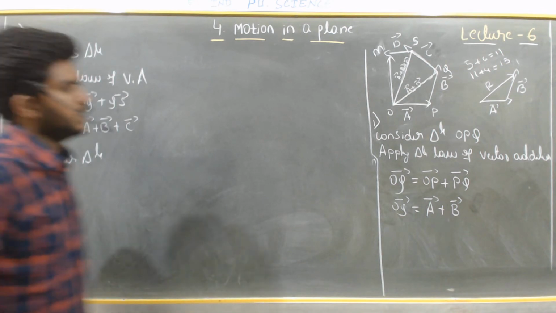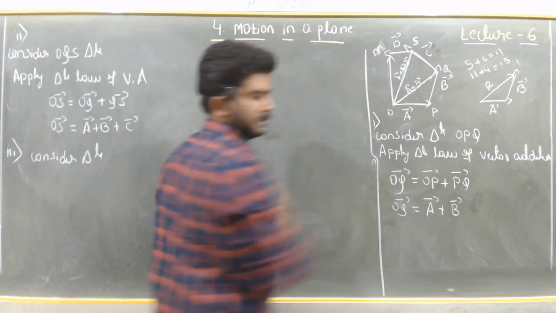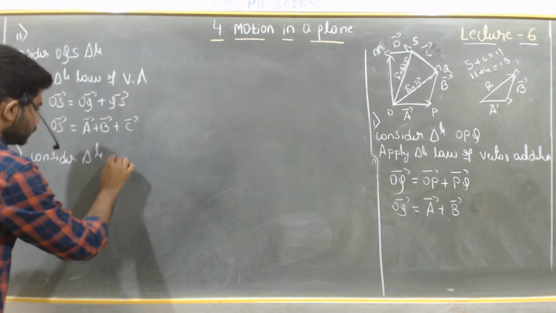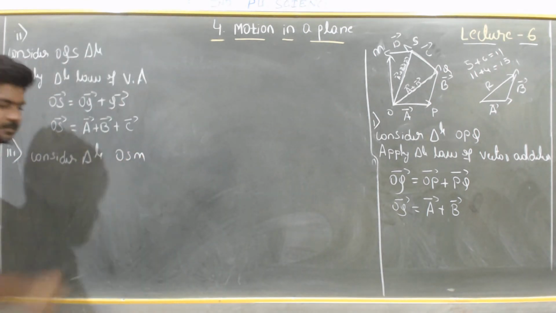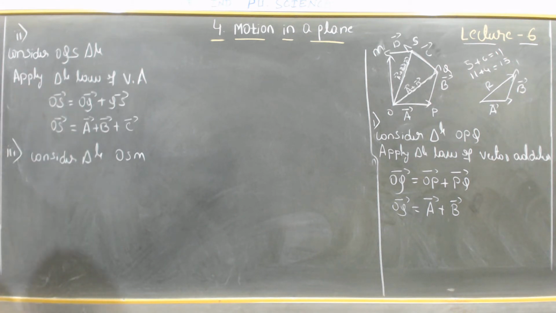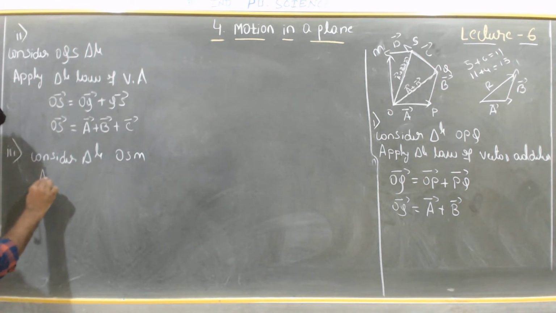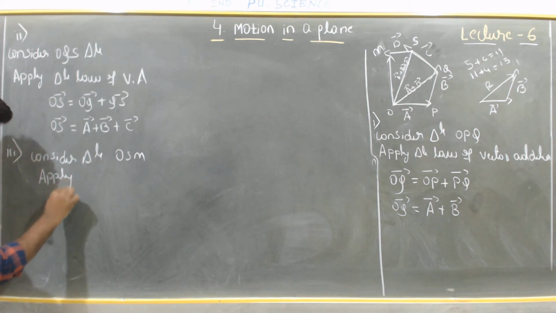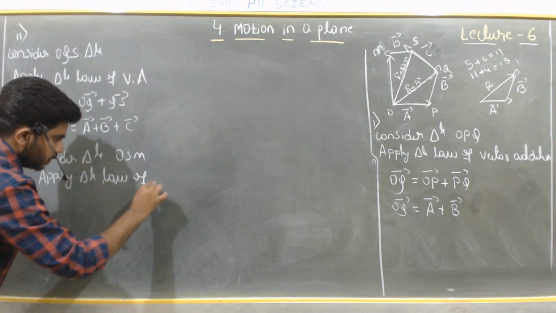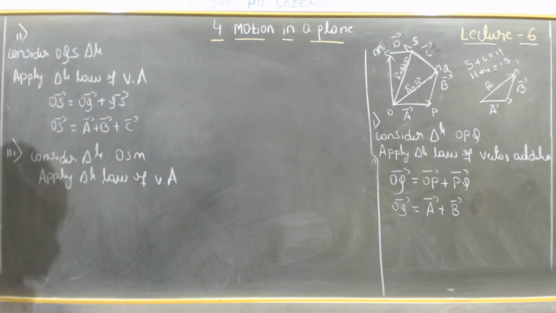Which triangle now? OSM. To this triangle I have to apply triangle of vector addition. And write: apply triangle of vector addition.